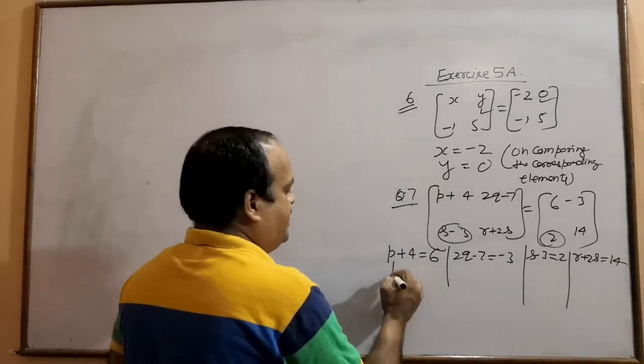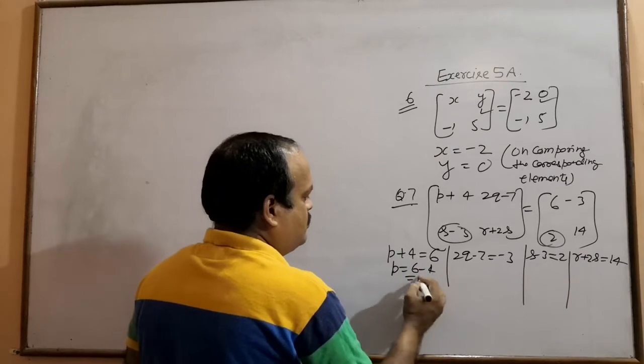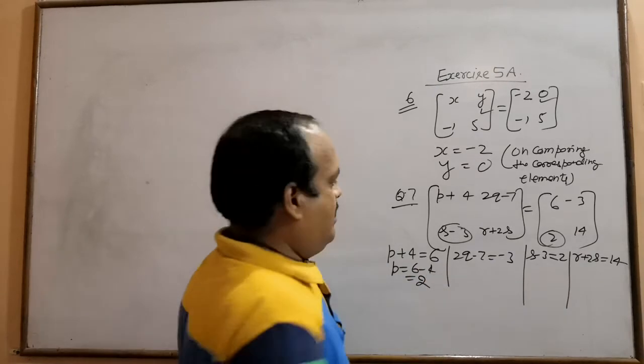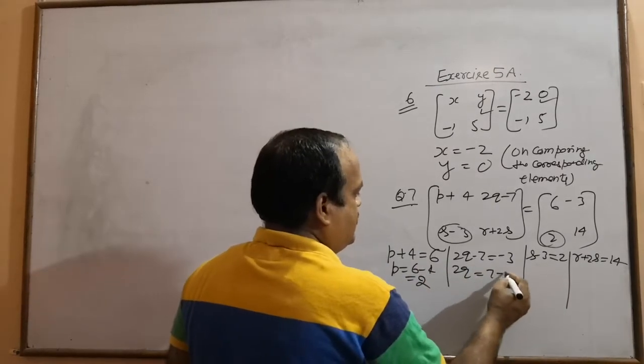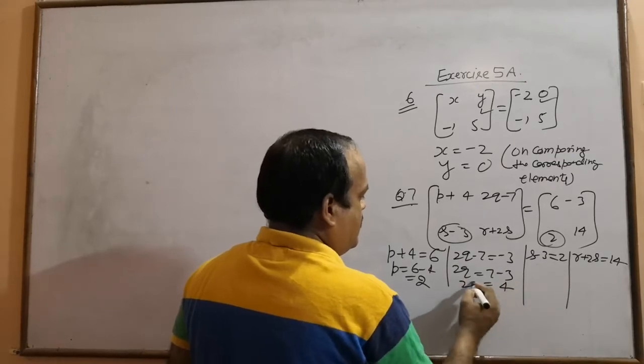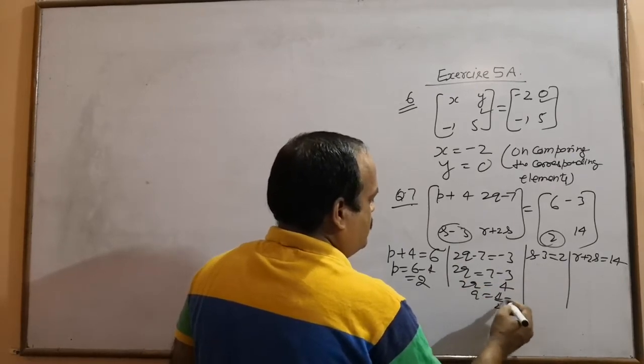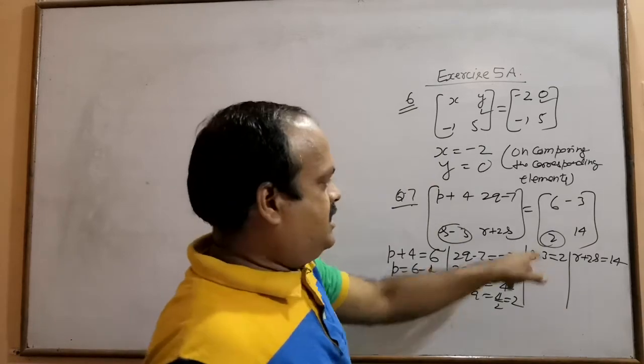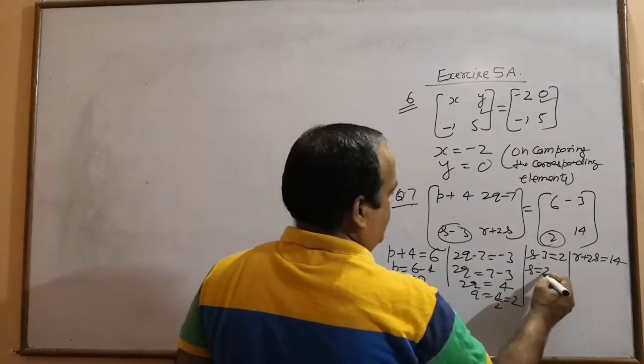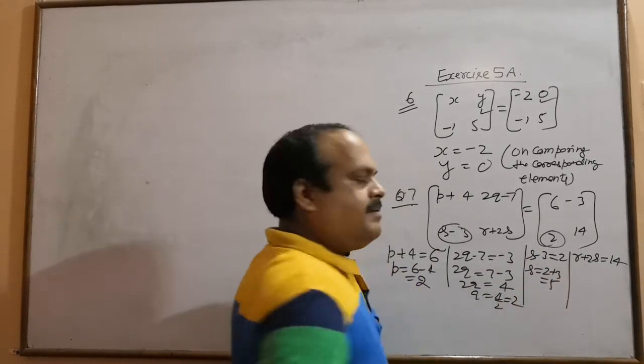This gives the value of P as 6 minus 4, 2. This gives the value of Q as 4 by 2, 2. This gives the value of S as 2 plus 3, 5.